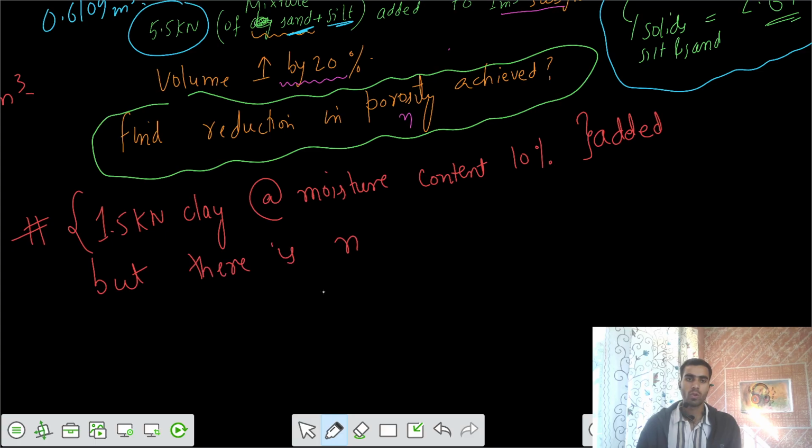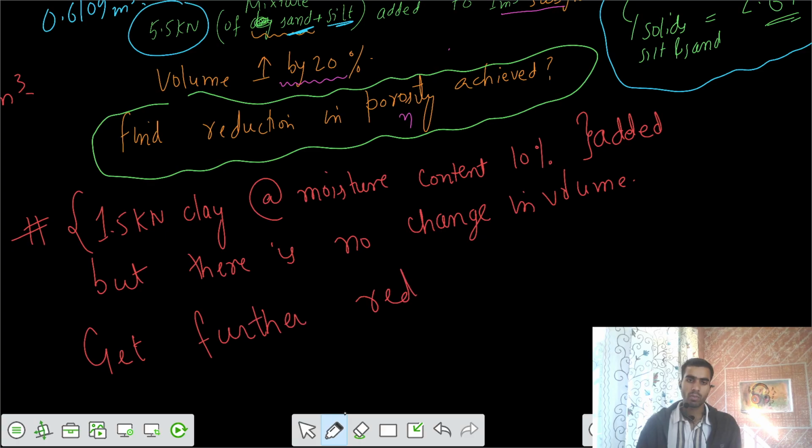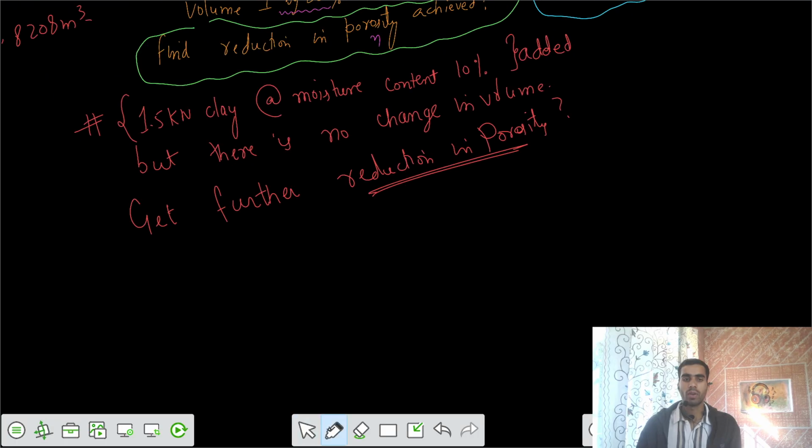We get further reduction in porosity. So we need to calculate porosity N3.